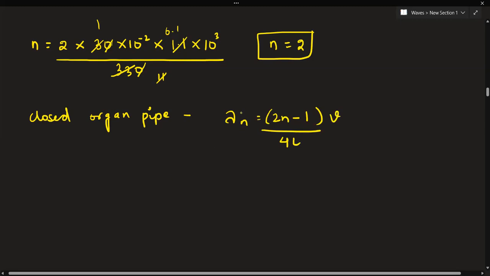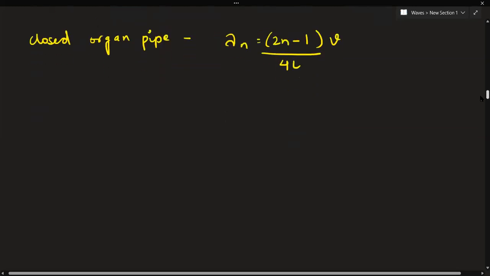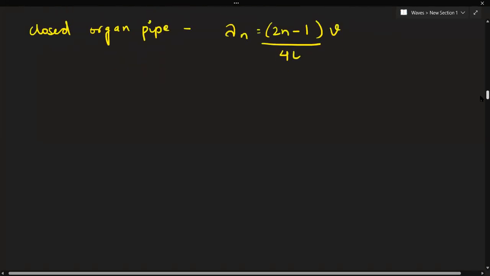We have to see whether we are getting an integral value or not. So we have to find out the value of n that will come for a closed organ pipe. For the open organ pipe, n is equal to 2, but we don't know if it's n equal to 2 for the closed organ pipe or not.